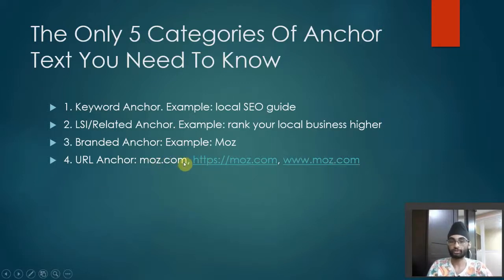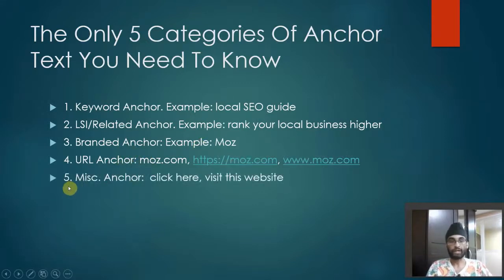If it represents your web address, a full path or a partial one, then it is called URL anchor text. And this is the most common type of anchor text used on the internet. If you look at the natural trend of the internet, you'll see that most web pages use this type to link to other websites.